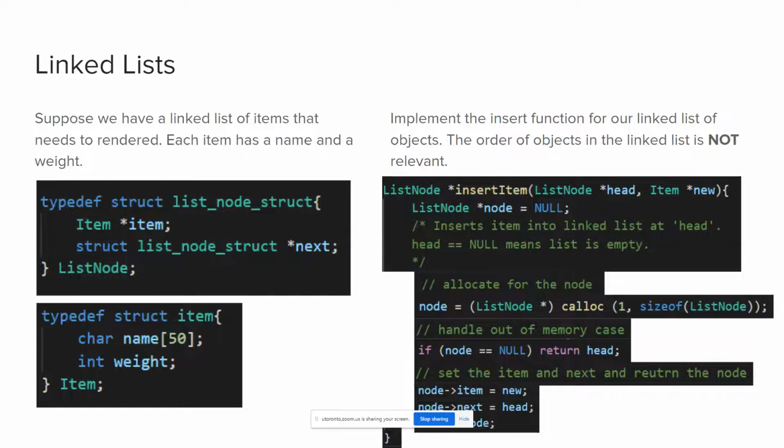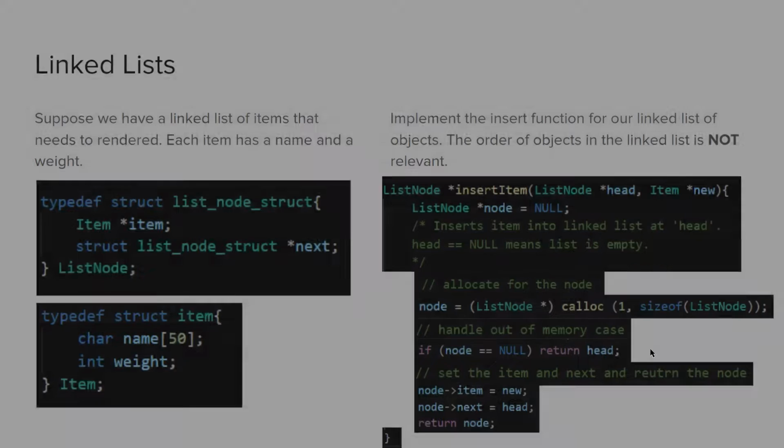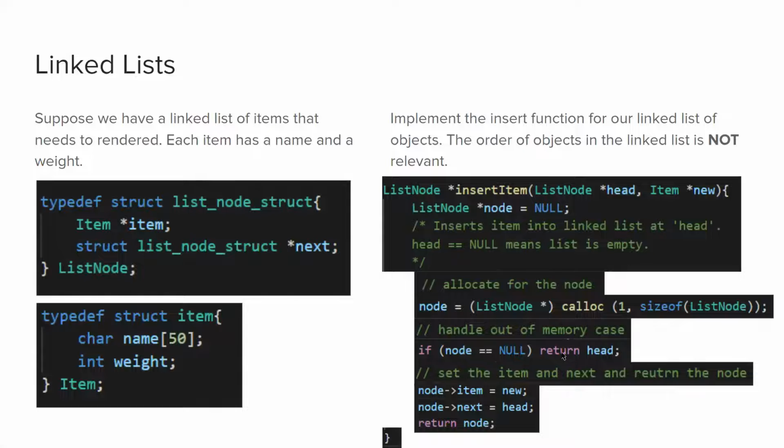Yeah, Partha? For the list node node equals null, would it be possible to do list node equals and then the line under, allocate for the node, all in one line? So the first and second line in insert item, could they be combined into one line and work the same way?